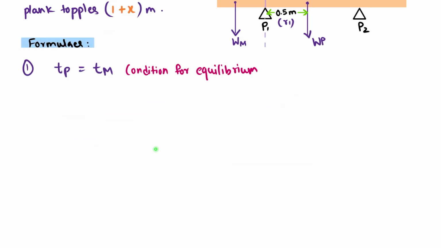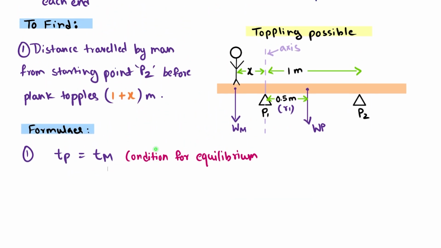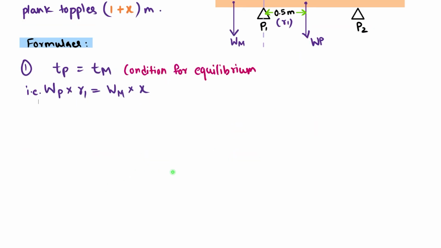So सबसे पहले the formula which we'll be using is the equilibrium condition for torque. So balancing of torques. So we are saying that the torque produced by plank TP should balance the torque produced by man TM. So ये दोनों equal होने चाहिए. That is the condition for equilibrium. By the definition of torque, torque is equal to force into its perpendicular distance.